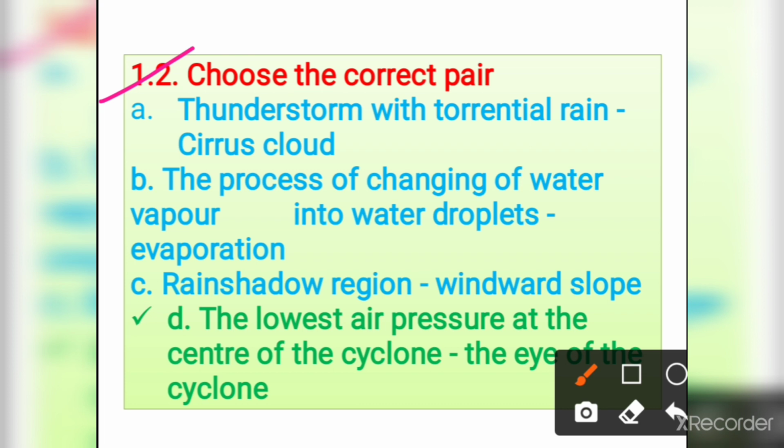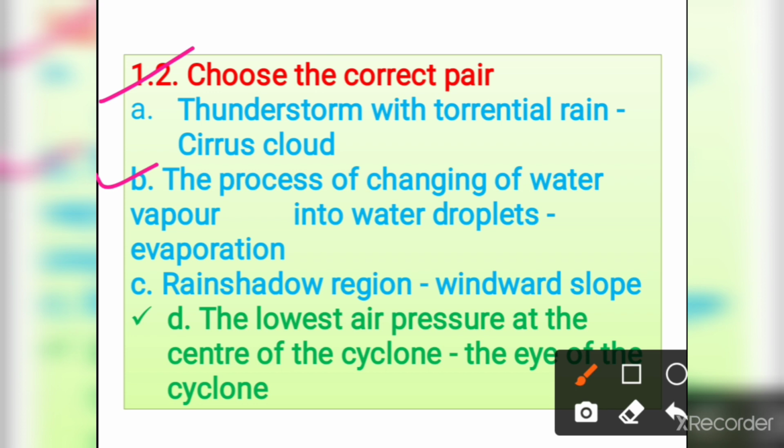Option B, the process of changing of water vapor into water droplets, that is evaporation. Can you please tell me guys, evaporation is the process of changing of water vapor, that is gas, into water droplets, that is liquid? No, because evaporation is the process of changing water into water vapor. Okay, that means liquid to gas. So this pair is also not correct.